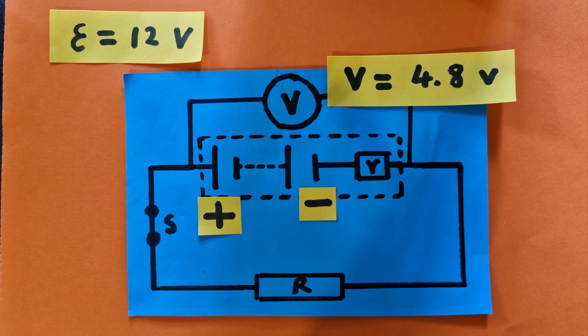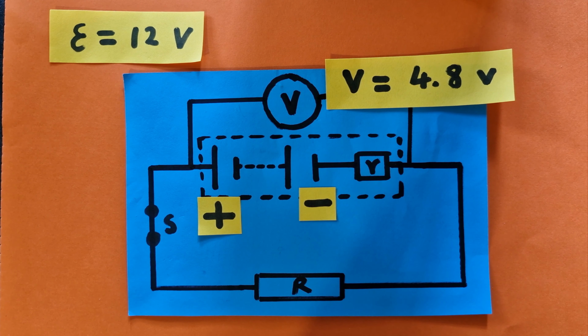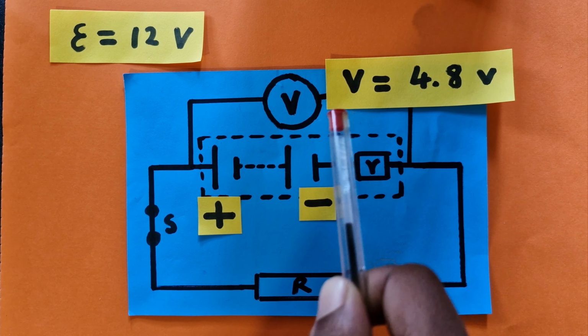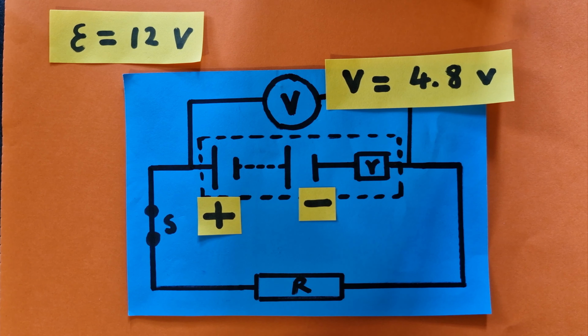We're no longer getting 12 volts, but we are getting 4.8 volts. The EMF is constant. So what has happened to the remainder of that potential difference? What has eaten that potential difference?